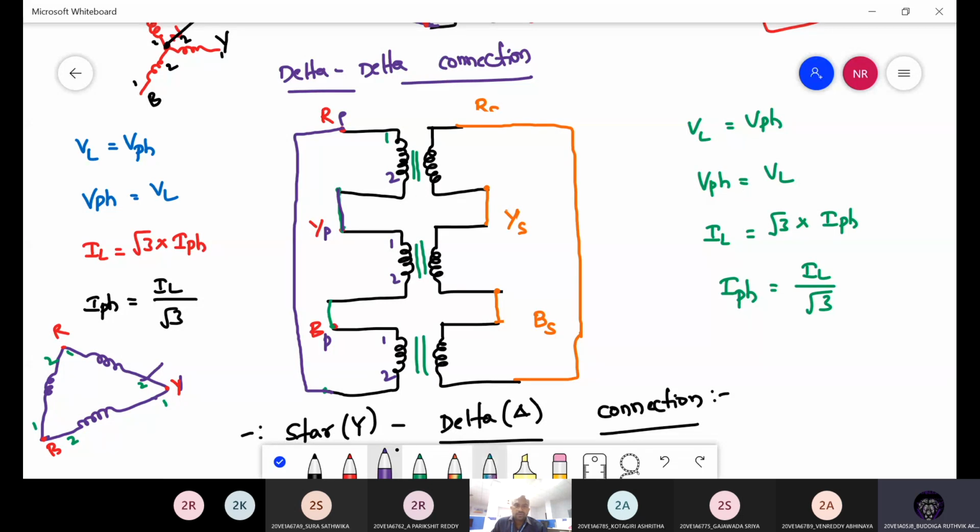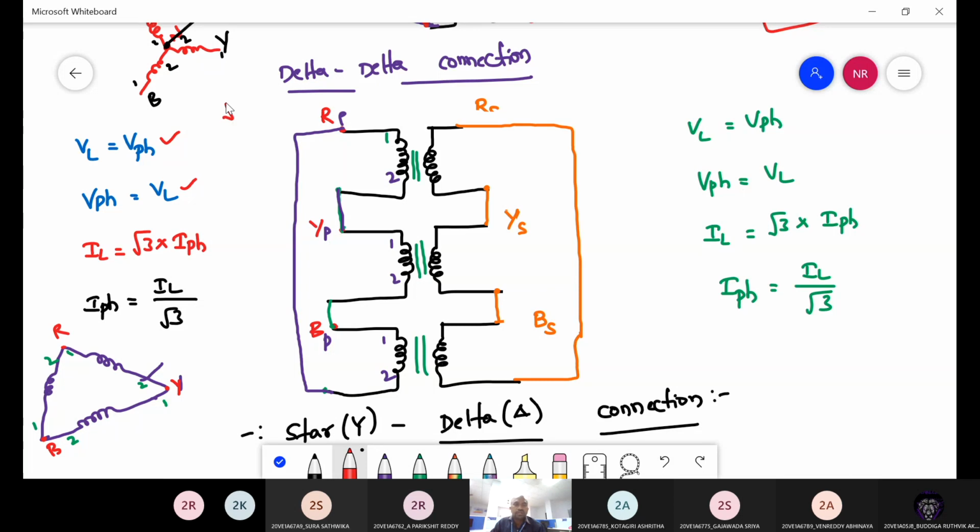Clear. Okay. So delta is understood, I suppose. Here in delta we know that voltage is same. So VL is equal to V phase, then V phase is equal to VL. Then if the voltage is same, it means current has the difference. What is the difference?